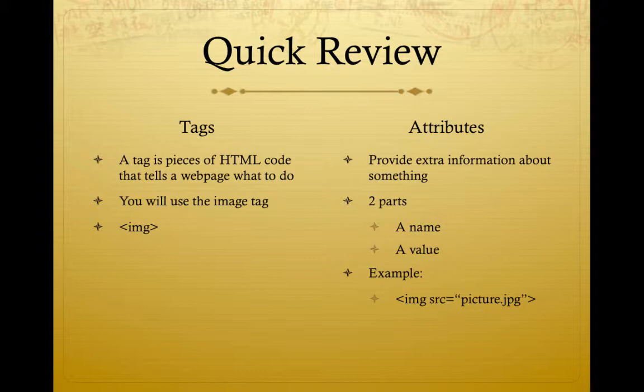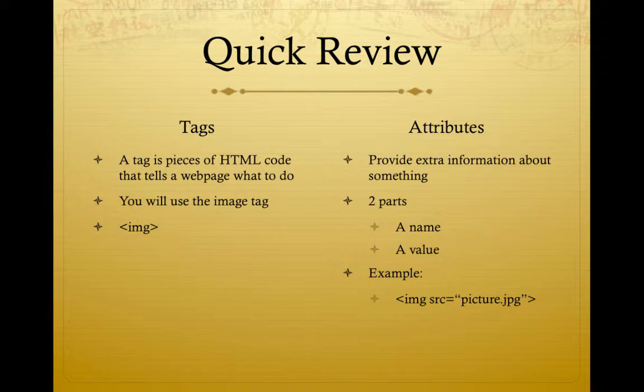For example, within an image tag, you have many different types of attributes. The one that's the most important is the source attribute. The source attribute tells the computer where to locate the picture or image it's displaying. The first part, the name, is the source, or SRC.